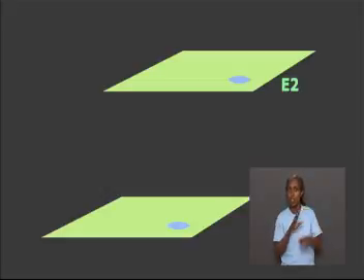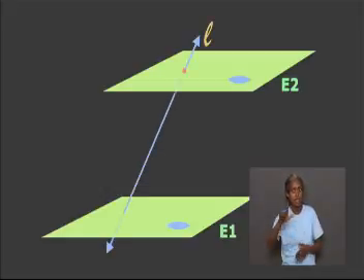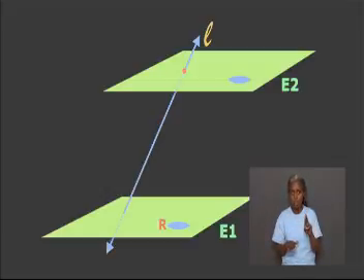E2 and E1 are parallel planes. There is a line L intersecting both planes and a region on each plane, R and R1, which correspond to one another.